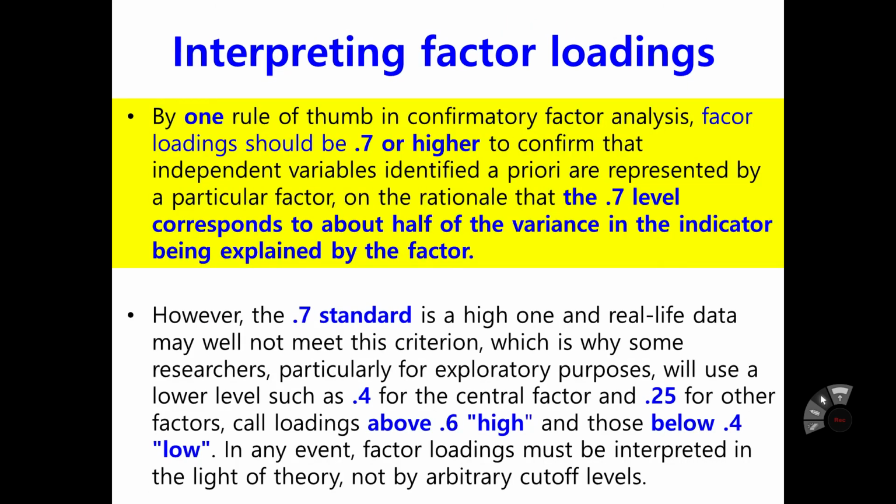So let's try to interpret factor loadings. By one rule of thumb in confirmatory factor analysis, factor loadings should be 0.7 or higher to confirm that independent variables identified a priori are represented by a particular factor, on the rationale that the 0.7 level corresponds to about half of the variance in the indicator being explained by the factor, because the squared value of 0.7 is equal to 0.49.